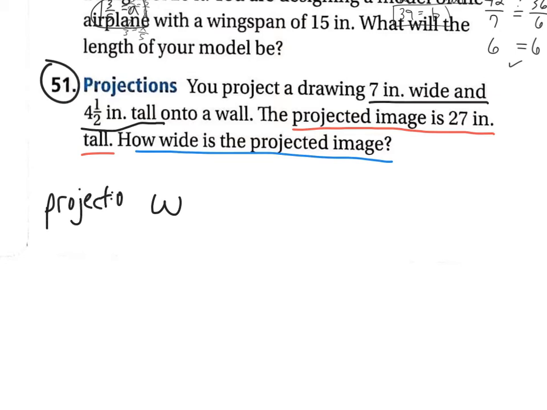So it's up to you how you want to do this. I'm just going to start with what I'm trying to find, which is the width of the projected image. And then we also have the drawing. So the width of the drawing is 7 inches. And then we'll just do a proportion here.